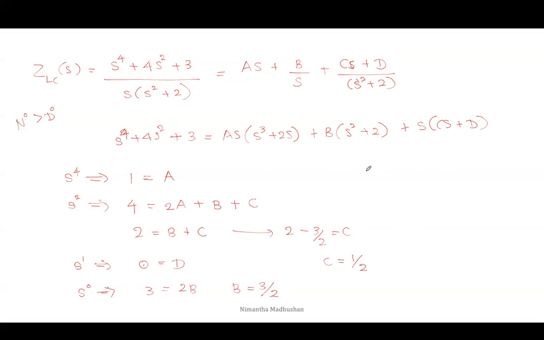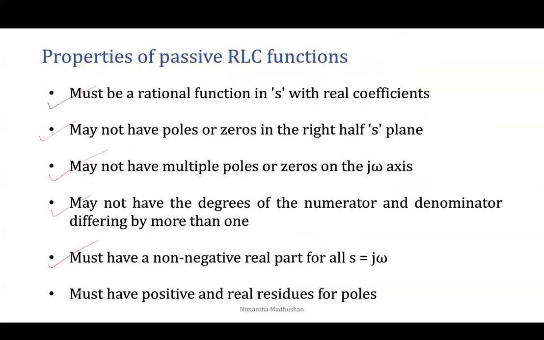Then the partial fraction expansion is: the value of a is 1, s plus the value of b is 3 over 2, s plus the value of c is half, over s squared plus 2. These are the residues, b and c. You can see both are positive and real. Then the last property is also satisfied.